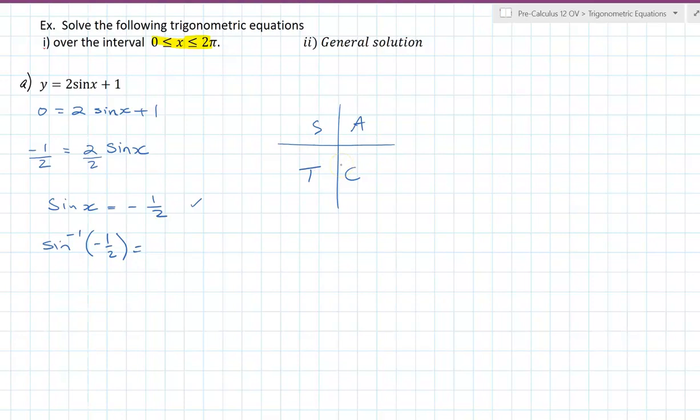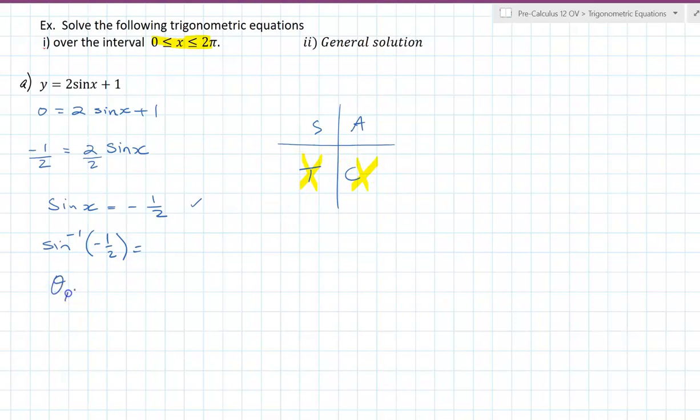Now sine is negative in here, so the sine function is negative. In which quadrants is sine negative? Well, in quadrant 3 and quadrant 4. All right, that means your standard position angle will end up being in quadrant 3 and another one will be in quadrant 4. So the first angle, you can take out your calculator and do this.